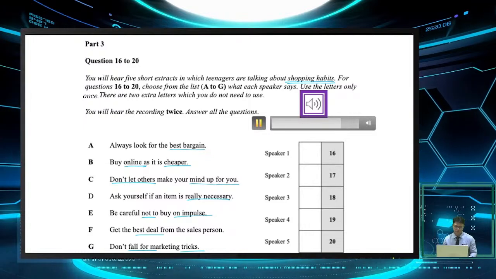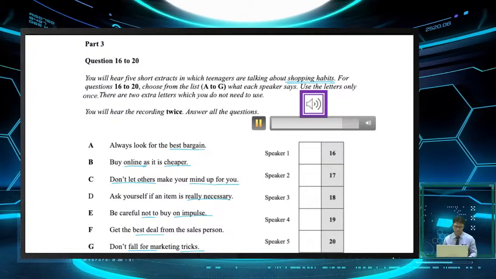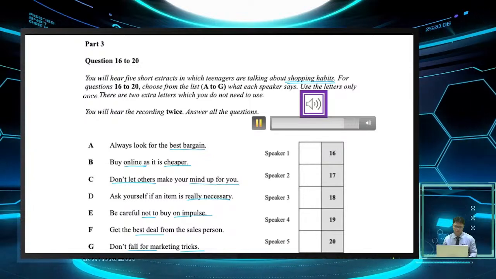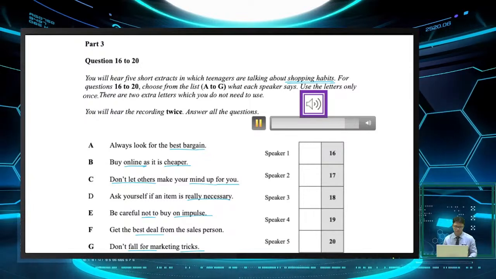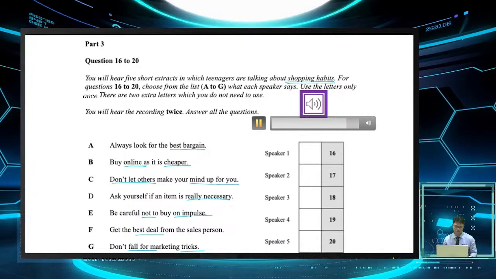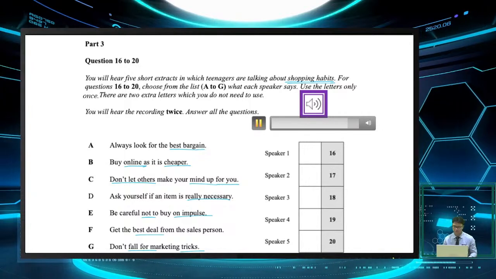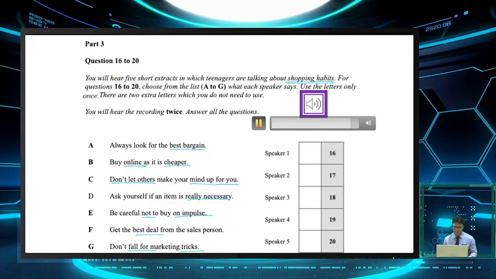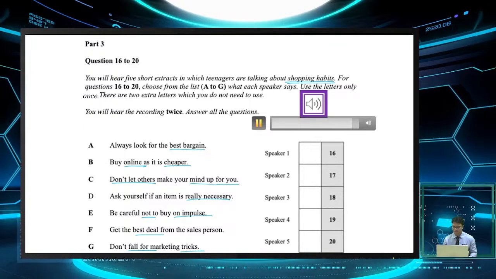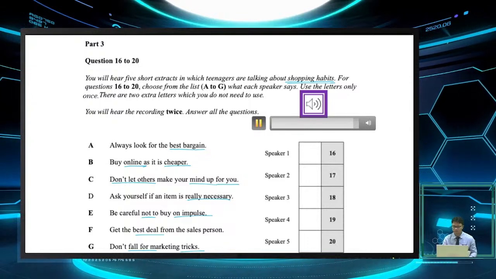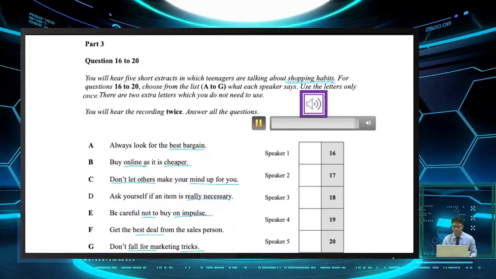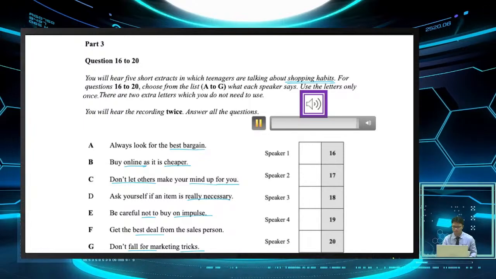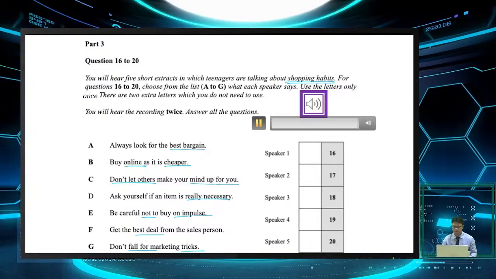We find ourselves attracted to these discounts and end up buying things that we don't really need. Speaker 5. When I'm thinking about buying something and I'm in the shop trying to consider my options, I always avoid the sales assistants. Their job is to persuade you to buy the product. Be a smart shopper and try not to let other people stop you from making your own choices.